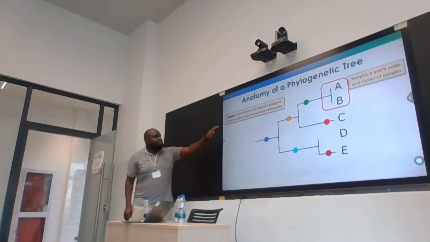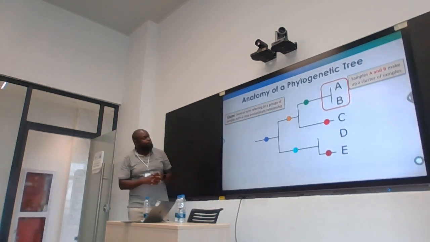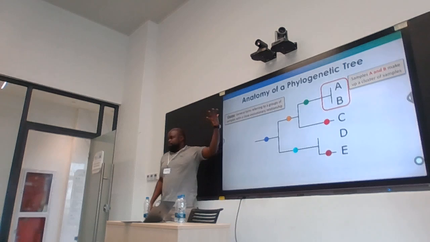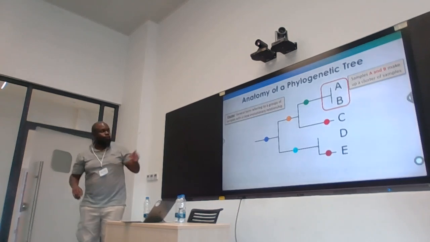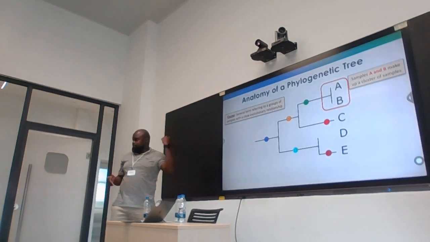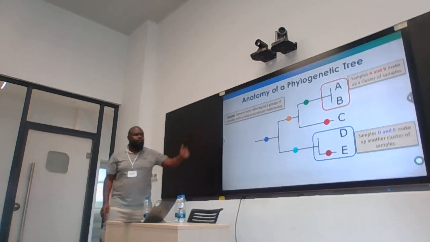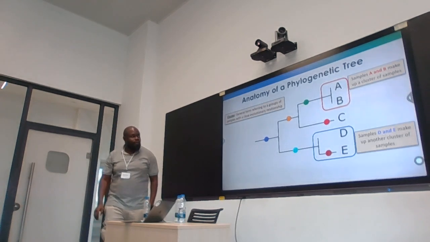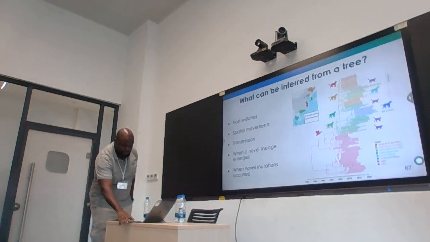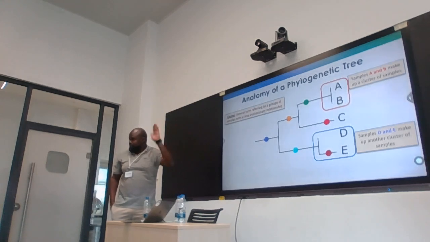Now, we have the term that we use called cluster. Okay? So remember, this is a general term that's used to refer to groups of samples. It's general. So A and B make up a cluster. Okay? D and E also make up a cluster. Right? But, if I have this correctly, A, B, and C would also make a cluster.